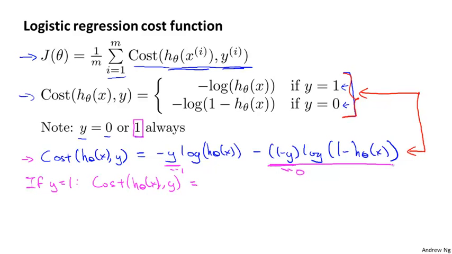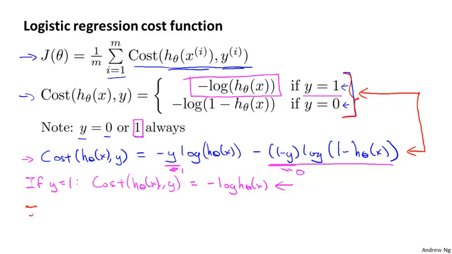So the second term gets multiplied by 0 and goes away, and we're left with only the first term, minus y times log h of x. y is 1, so that's equal to minus log h of x. And this is exactly what we have up here for y equals 1.